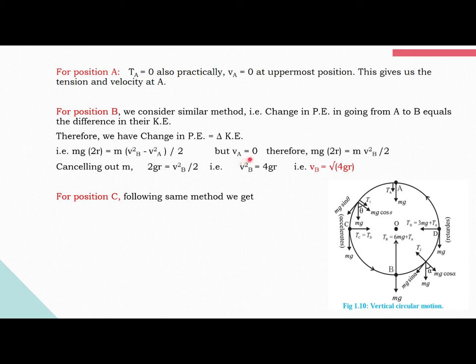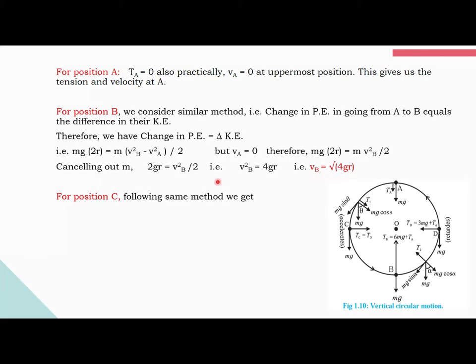But Va is equal to 0, therefore mg twice r is equal to m Vb square upon 2. Cancelling out m from both sides, we get 2gr is equal to Vb square upon 2. That is, Vb square is equal to 4gr. That is, Vb is equal to under root of 4gr after taking the square root.